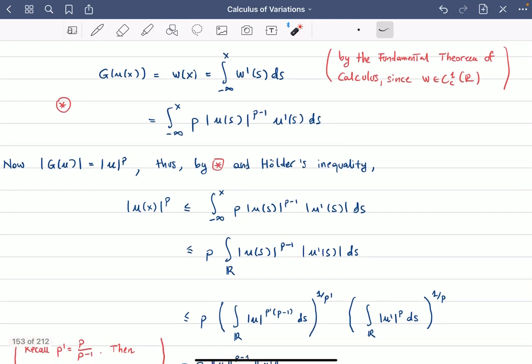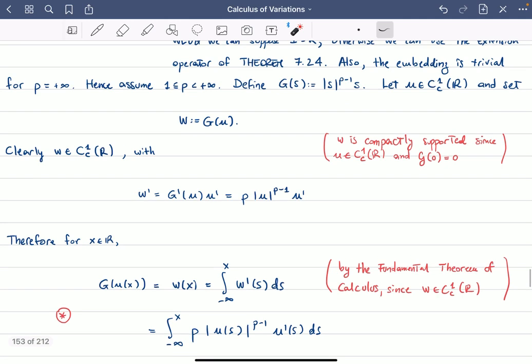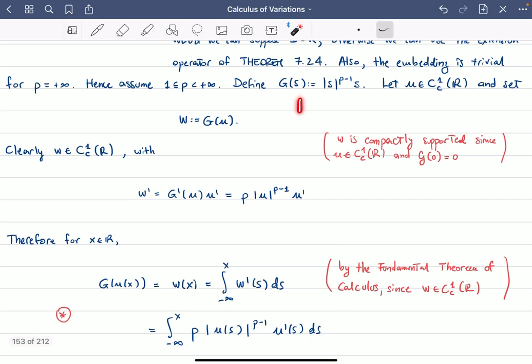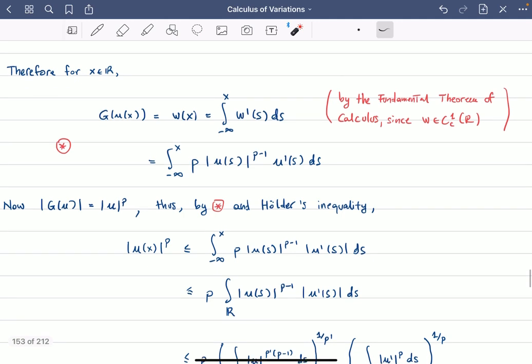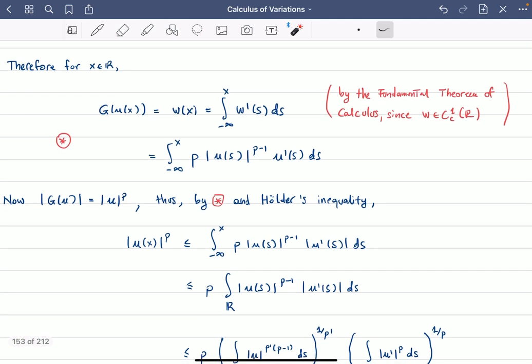Okay, now notice that if you take the absolute value of g here, clearly the absolute value of g of s is just equal to absolute value of s to the power of p by definition. So we have that the absolute value of g computed in u is equal to absolute value of u to the power of p, and therefore we can estimate u to the power of p by using star.